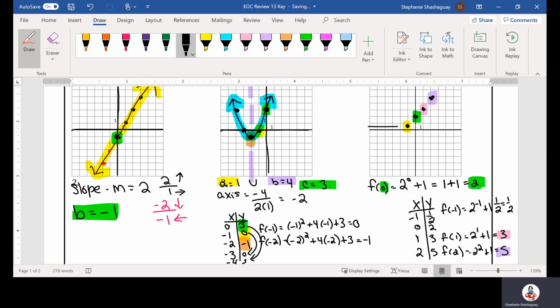Okay, so this will be my exponential function. My asymptote here is equal to a positive 1.